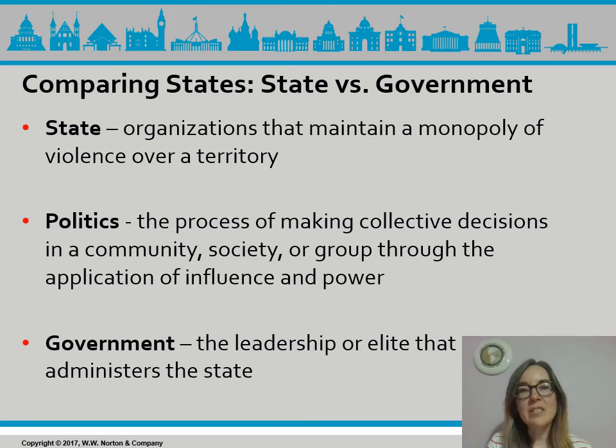So if you think of a distinction between these two, the state is the organizations, the government are the people that administer the state, and then politics is the process. So hopefully that helps divide the three.